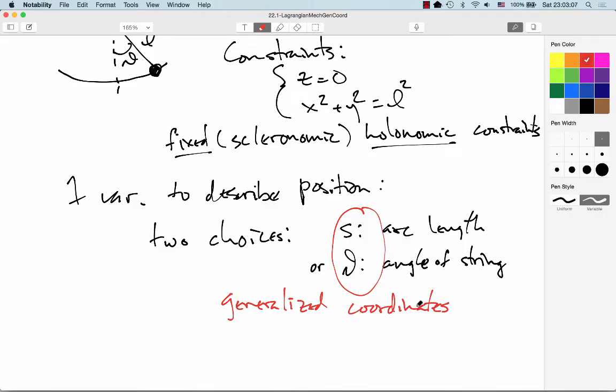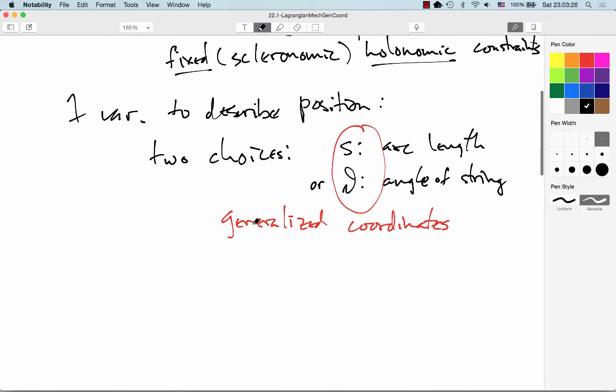So rather than demanding xyz or r theta phi or something like that, all we need is just some variable that gives us an unambiguous recipe for figuring out where the thing is. And we call that a generalized coordinate. So, how many generalized coordinates do you need to describe things?